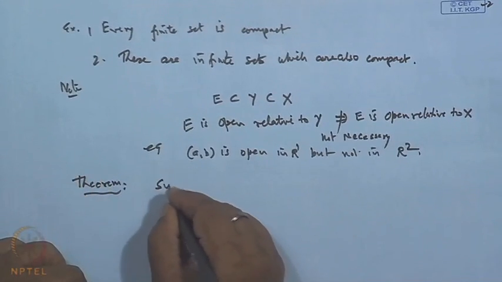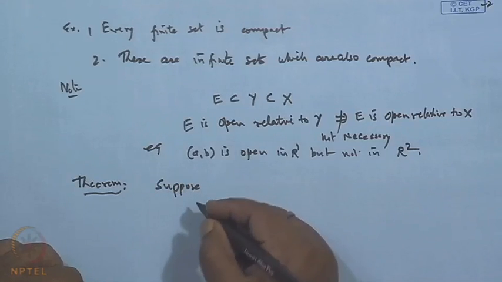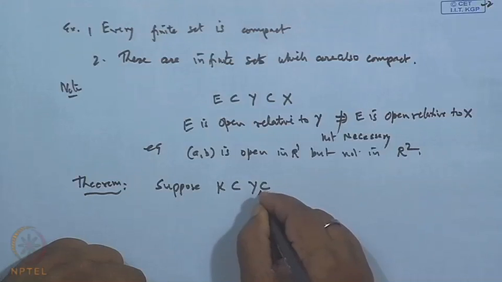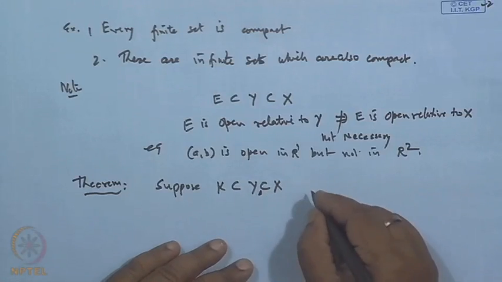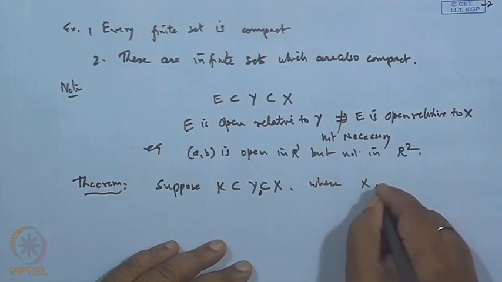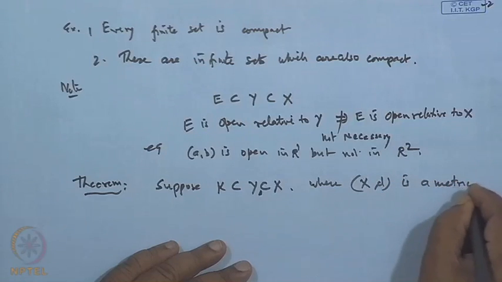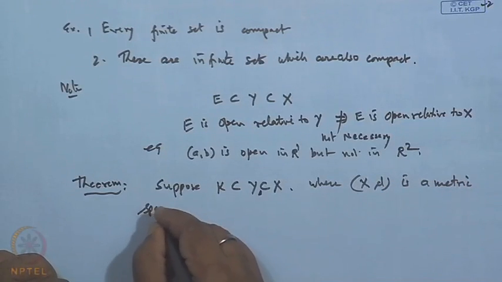We have this result as follows. Suppose K is a subset of Y which is a subset of X, where (X, d) is a metric space.